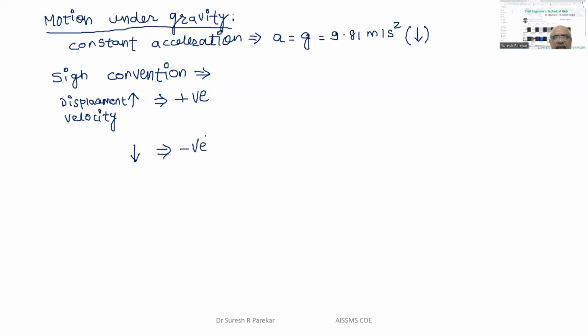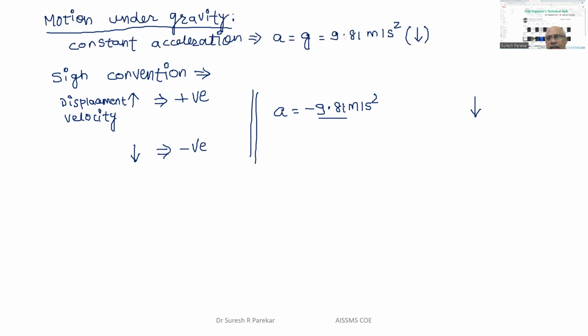It is very clear. So my value of a is always minus 9.81 meters per second square. If the ball is coming down, then also I am going to consider the value as minus 9.81 meters per second square.